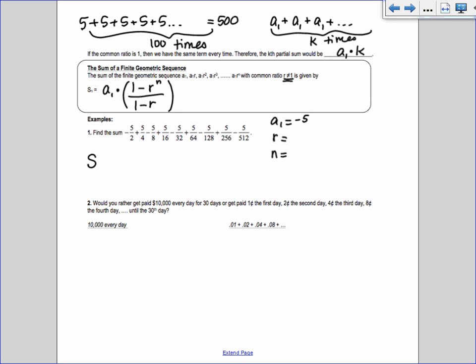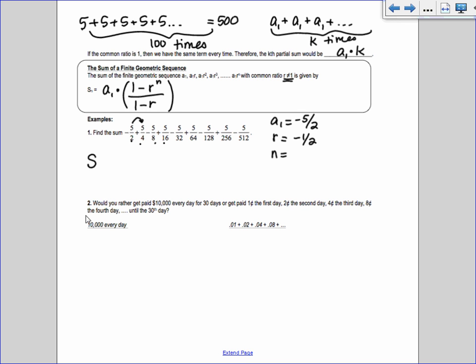Negative 5/2, right? What's r? What am I multiplying by each time? Negative 1/2. Do you guys see how on the top I multiply by negative 1? It goes negative 5, 5, negative 5, 5, negative 5, 5. And then on the bottom I have 2, 4, 8, 16, 32. I'm multiplying by 2 on the bottom. So my ratio is negative 1/2. How many terms do I have?